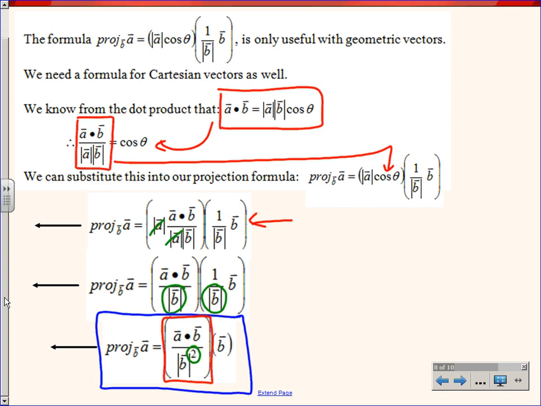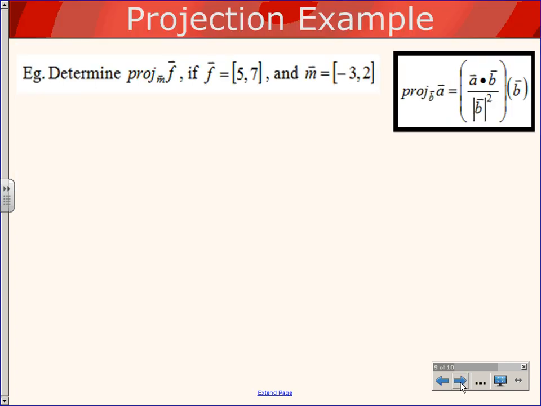So I'll show you the example of how that works. I've just got the formula there on the right-hand side. Here's our new one. It's projection of F onto M. We're given vector F, we're given vector M. And can we calculate that projection?